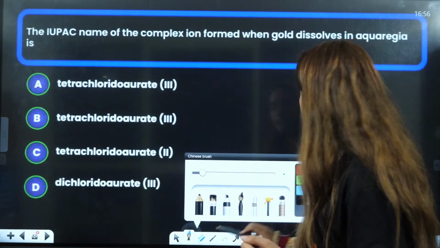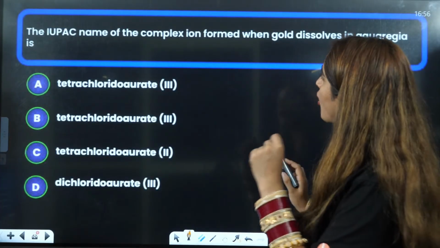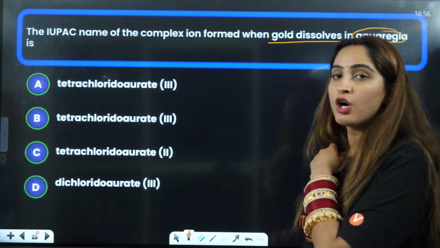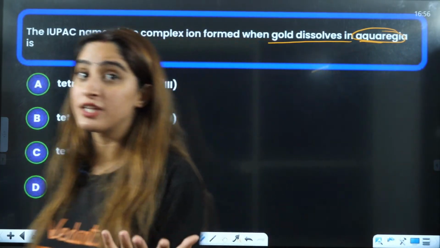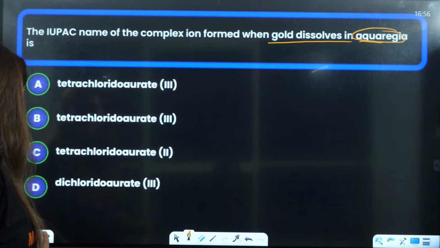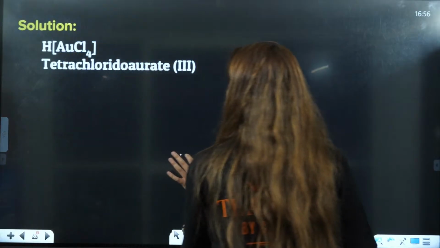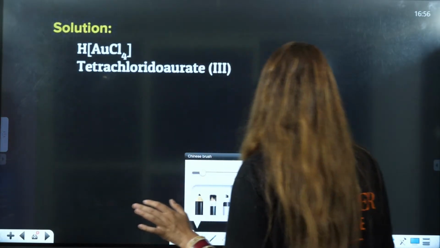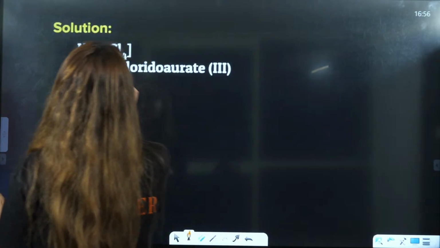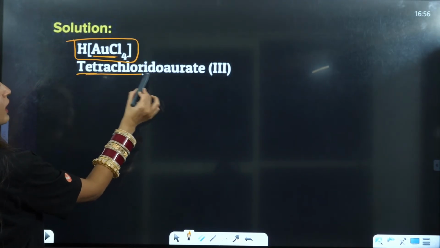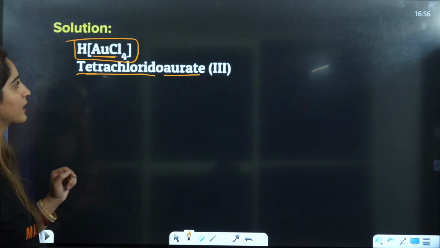Next is the IUPAC naming of the complex ion found when gold is dissolved in aqua regia. We know that there are some metals like platinum and gold which can only be dissolved in aqua regia. So here, what will be formed is HAuCl4, right? So tetrachloridoaurate is the correct answer.